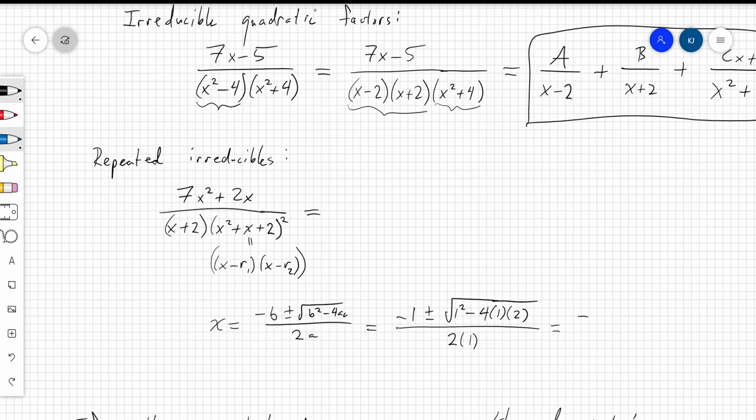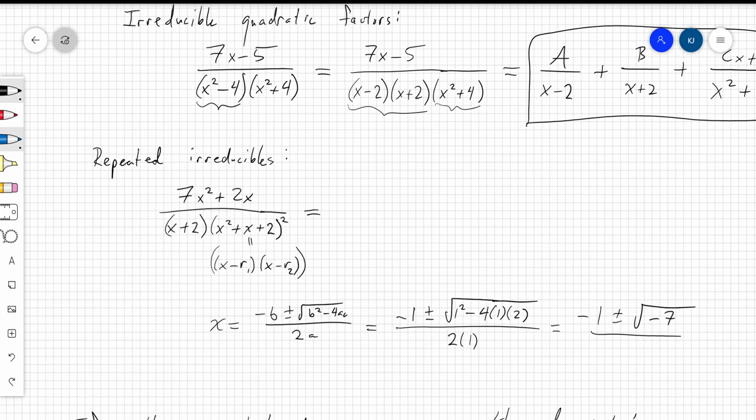And that would be negative 1 plus or minus the square root of, on the inside here, you would get a 1 minus 8, so that's a negative 7 on the inside. And notice that here you're taking the square root of a negative number. That means that these roots are going to be complex. So that means that we won't actually be able to factor this using real numbers. So in this class, we just call this an irreducible.